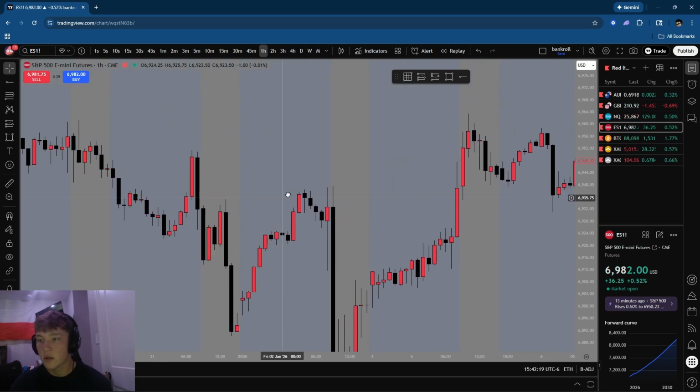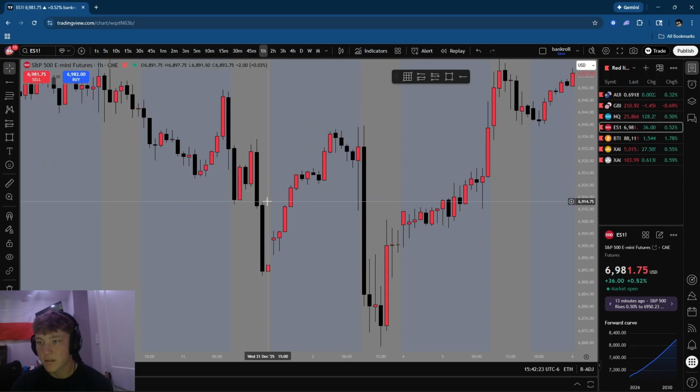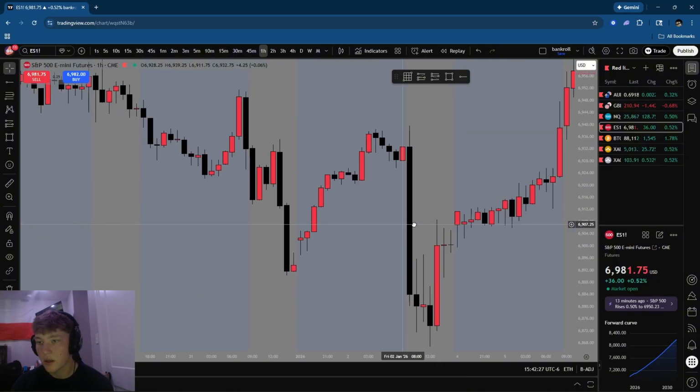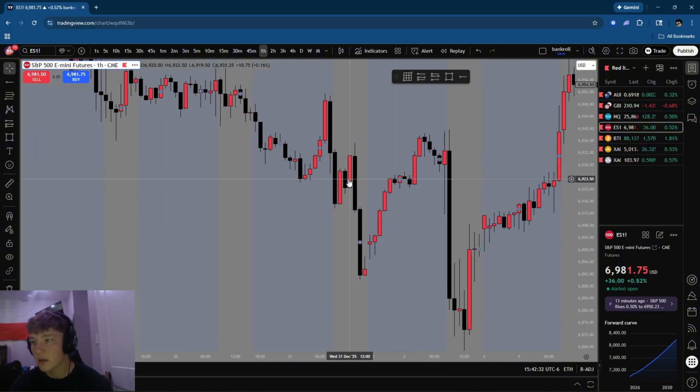So say we're here. We inverse this gap to the upside, inverse this gap to the upside, go up, and so we're bearish right here after these two candles, go up for a little retrace and then come down.